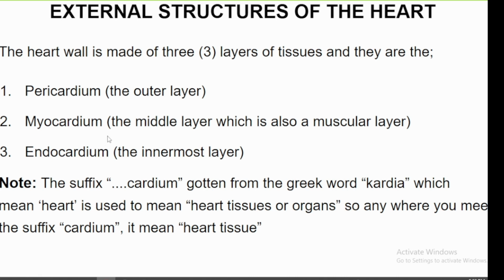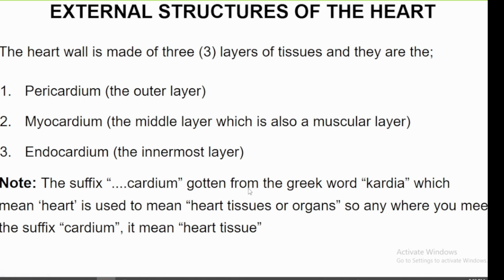But when we say a prefix, it means that word comes first. So peri like this is a prefix, pericardium. Do you understand? Then we have peripheral. So peri means outer. However, we are talking about the suffix here, and the suffix that we are talking about here is cardium.